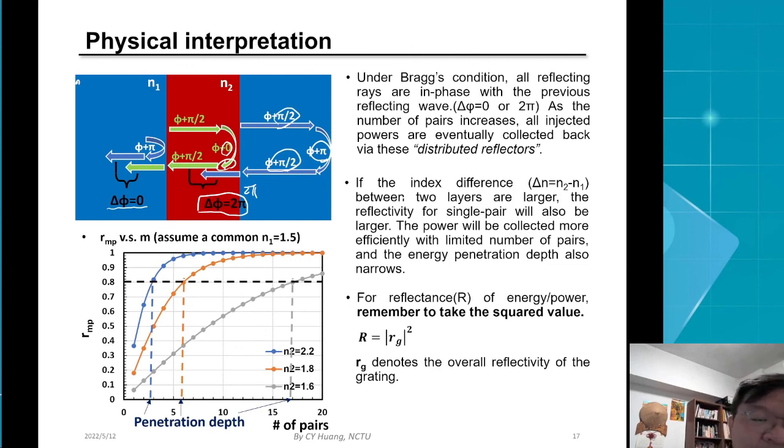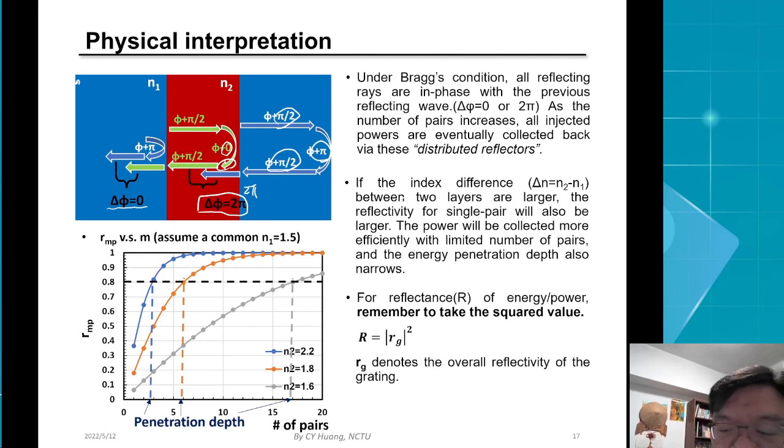So the only change is that if the reflectivity for one pair is high, the accumulation of the total power will be more efficient, so you can obtain a higher overall reflectivity with fewer pairs. So this is only the reflectivity. If we are talking about energy and power, reflectivity is for the electric field.